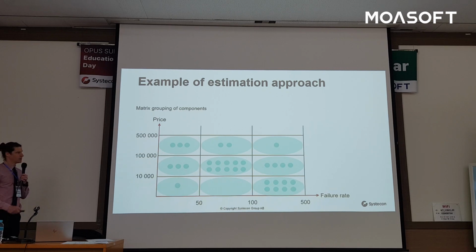We say that it can end up somewhere in this. We make a random draw for each item, saying that it's between this value in price, and between those two values in failure rate. So each item will end up somewhere in those boxes. Okay, and then we do that many times, like a simulation. We get a lot of outputs.